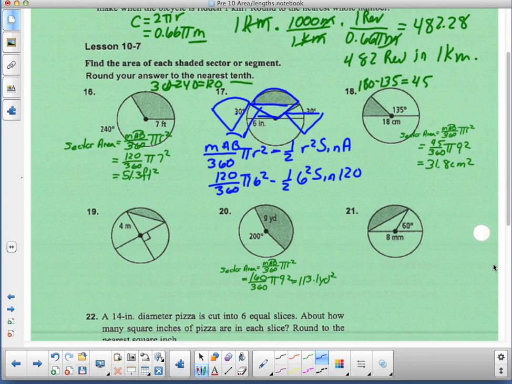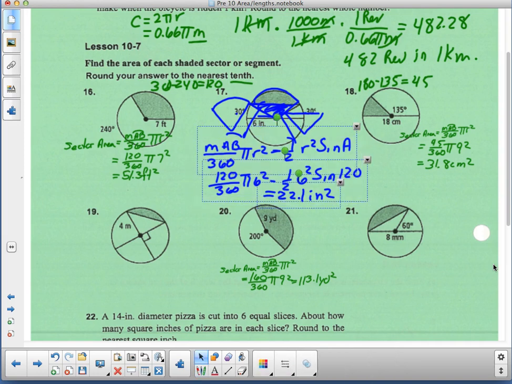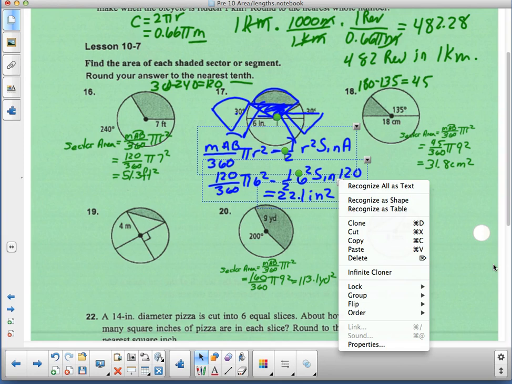Okay, that's there. And then we're going to subtract off this triangle. That's there. Okay, so keep that in mind when we're going through this problem. Now, after I do this, I pop it in my calculator, and my final answer is going to be 22.1 inches squared. Okay, if you've got questions on popping in your triangle, make sure you ask about them after school today or during work time today.